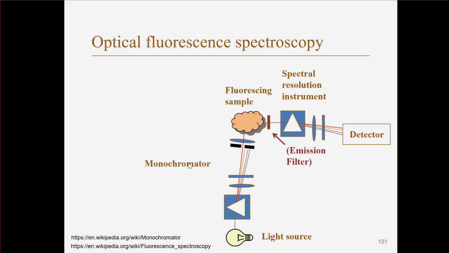Another way of doing fluorescence spectroscopy is to have a monochromator, which is again a spectrally resolving instrument with a slit on the output, selecting a single wavelength, and then you have a filter on the output most of the time to suppress the excitation light which went through the monochromator, and then you can look at the fluorescence at different wavelengths.